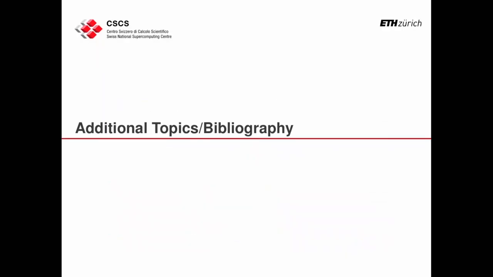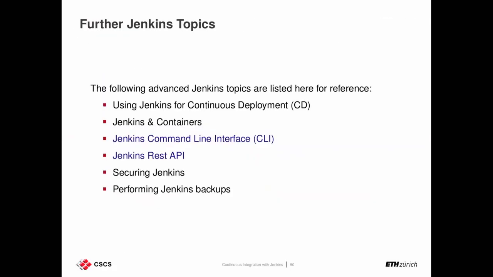So I have added some additional topics here that are more advanced, but it's good to have them in mind. I have said how Jenkins can be used for continuous integration, but it can be used for continuous delivery and continuous deployment as well.